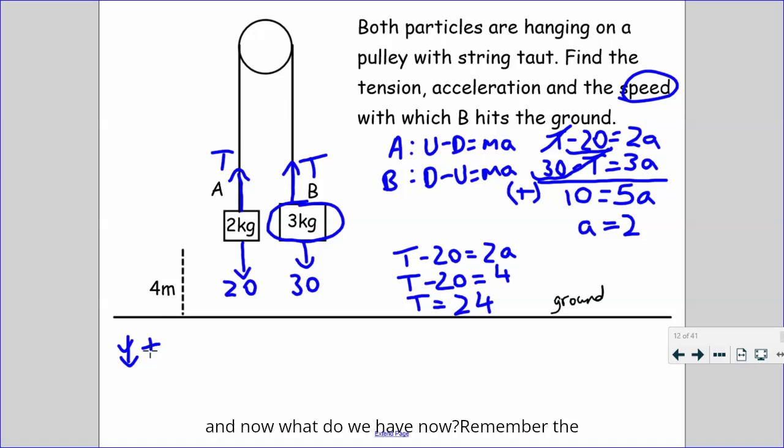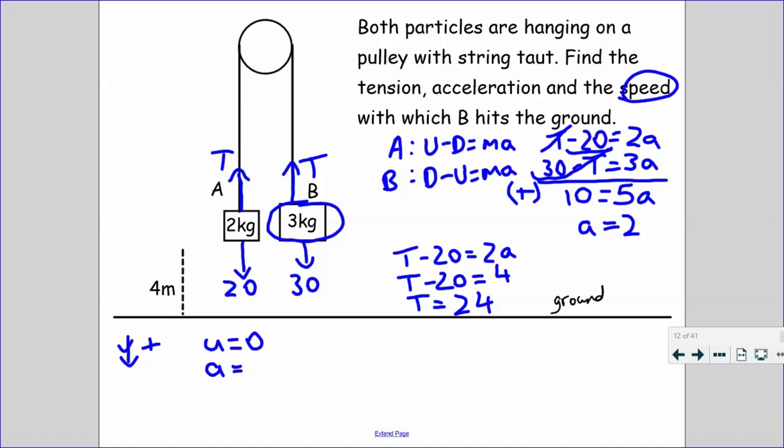And now what do we have? Now remember, the pulley is released from rest. So U is equal to 0. Okay. A is equal to 2. S is equal to 4. And we need to find V. Okay, so which SUVAT formula connects all of these?